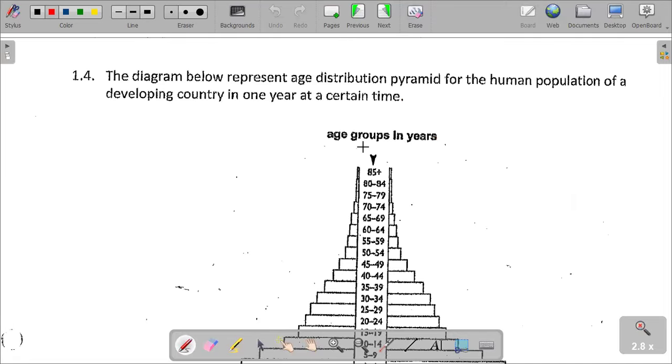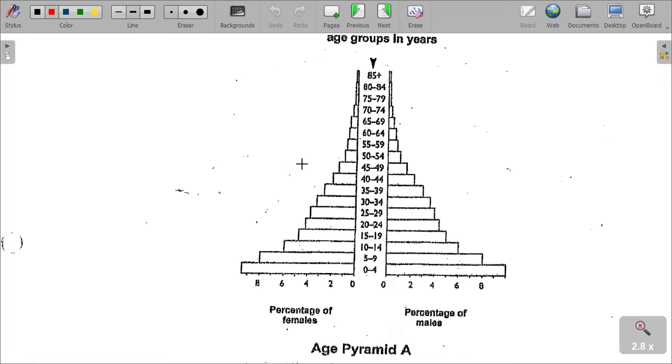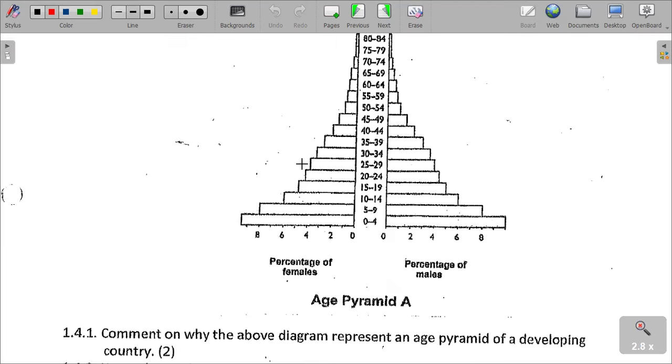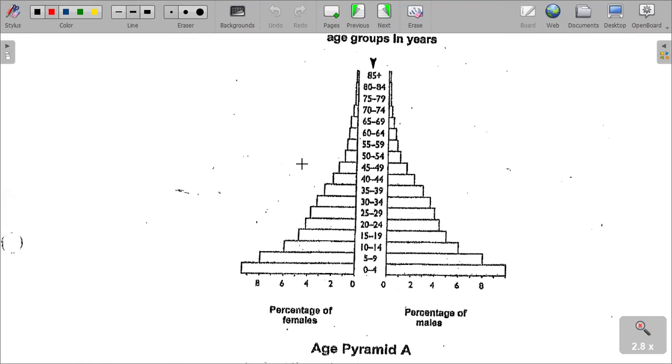The diagram below represents an age distribution pyramid for the human population of a developing country at a certain time. This is a population pyramid, with age groups from 0 to 85 plus, the percentage of females on one side and the percentage of males on the other.